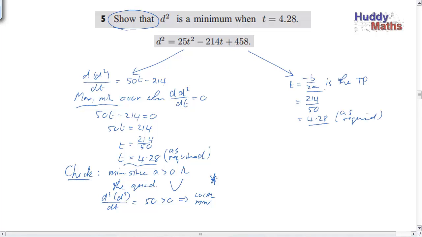You are allowed to use that, and since a is greater than 0 in the quadratic, it is a minimum. So you must validate that it's a minimum.